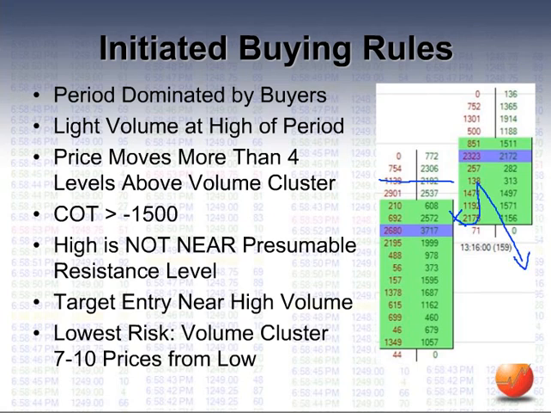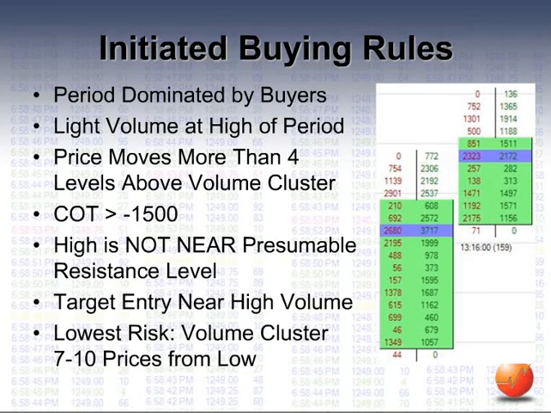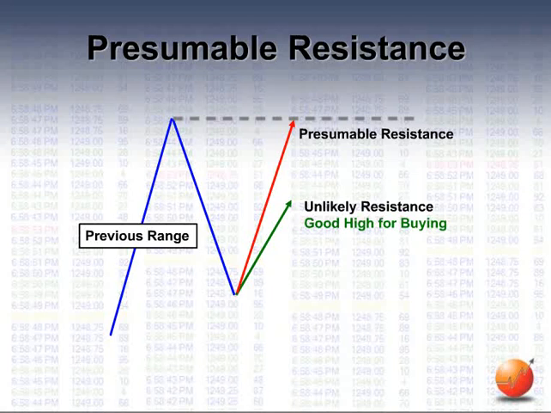It's not to say I wouldn't do my best to manage my way out of that, but if I've got a spread between the high and where I'm getting long, I have the probability of that double top providing me enough room to breathe. As I said, tomorrow we'll talk a lot about that. Obviously, presumable resistance, you're not trying to do this up against the high of the day.